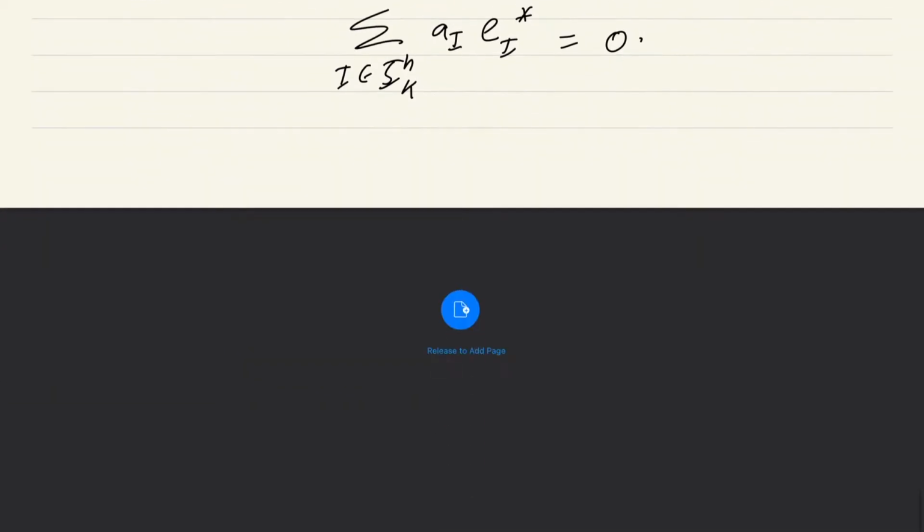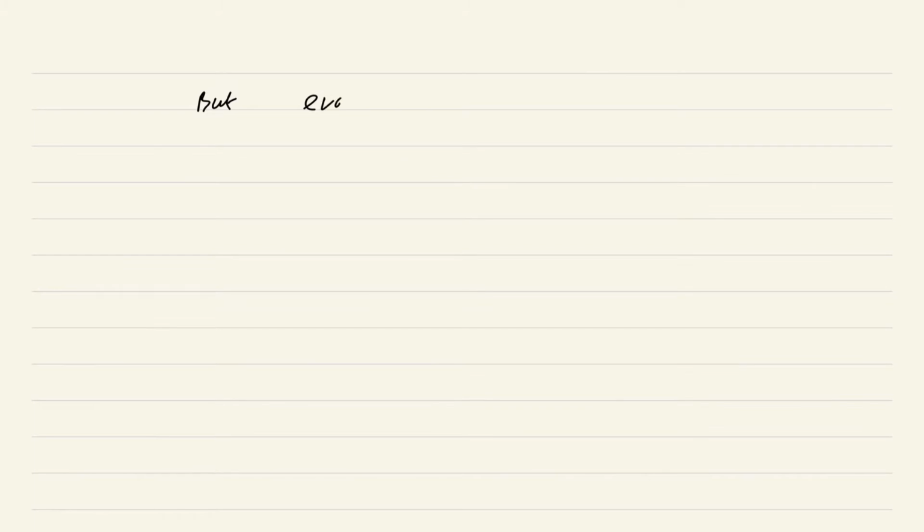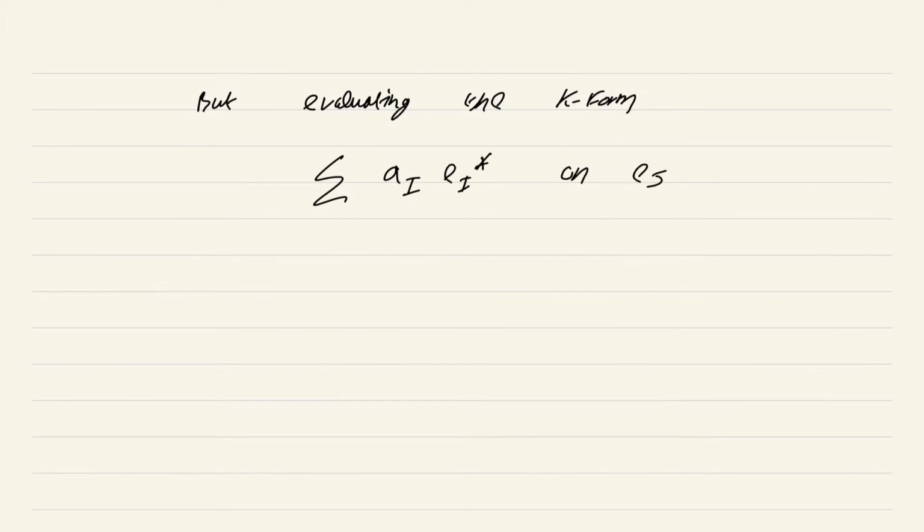But evaluating, so these sorts of proofs are all similar, but evaluating the above relation, not the relation, by evaluating the k form summation ai star on ej yields that ej is 0. Okay, hence this is linearly independent.